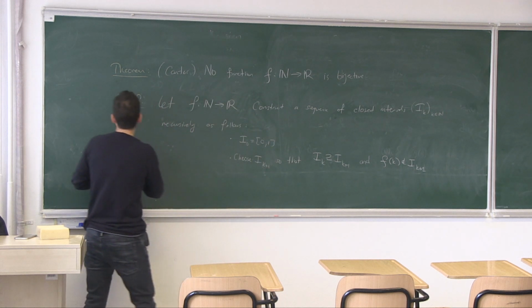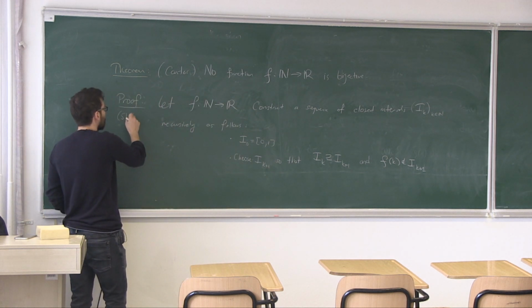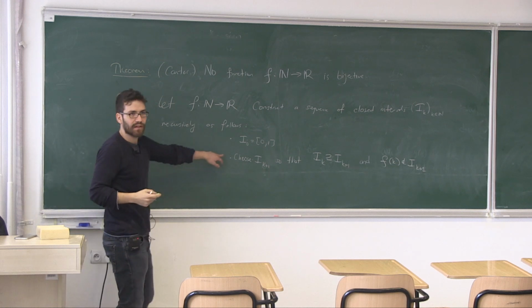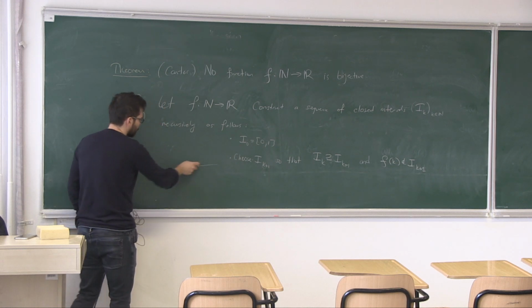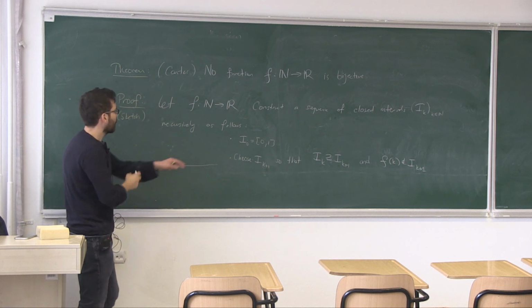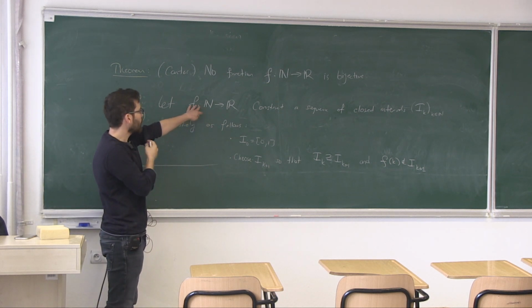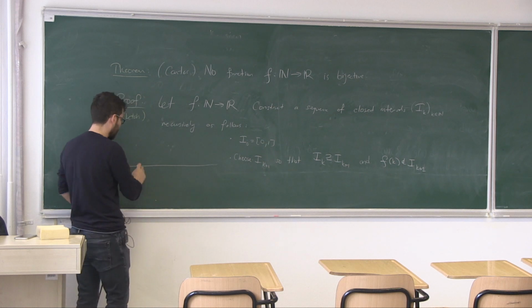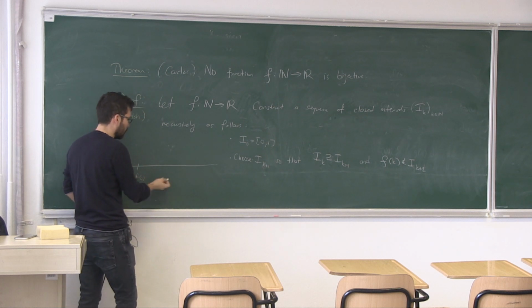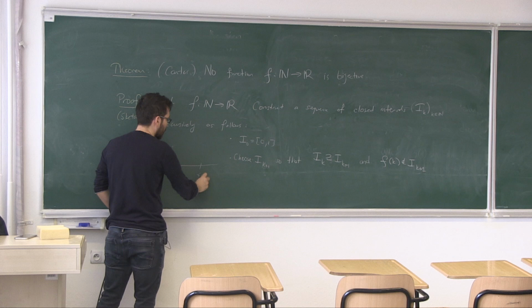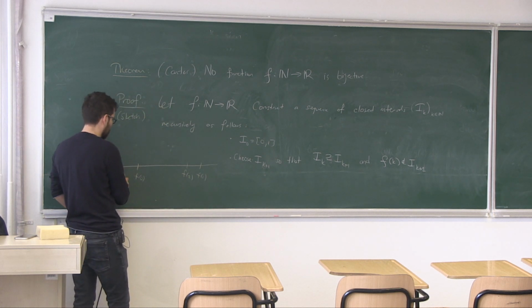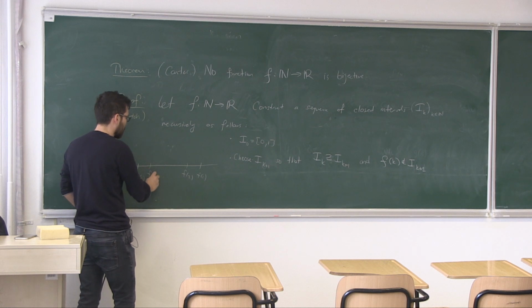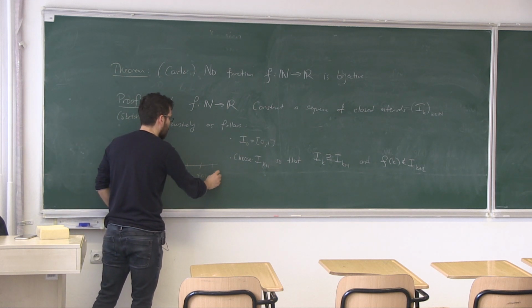Maybe I should write proof sketch here because I don't want to prove in detail that this can be done. I'm just going to describe why this can be done. You have a function, and let's say these are the values of the function: f of 0, f of 1, f of 2. I'm just making this up, like maybe f4 is over here somewhere, f5 is over here.